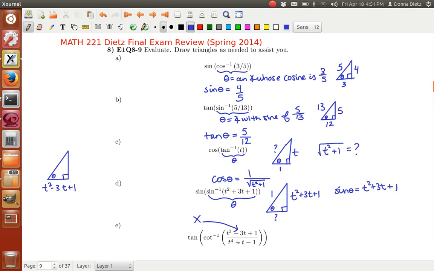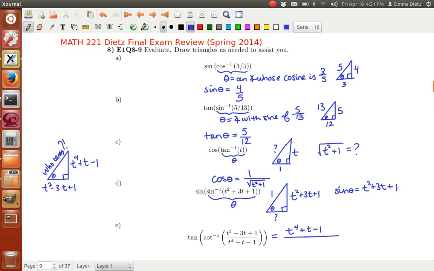And then y is down here. And then this side is who cares? I don't care because I'm not going to ask you for it. It would be a huge mess. I'd have to square the two legs, add them together, and then take the square root. But I'm not going to ask you that, that would be crazy. And the tangent of this guy is just y over x.